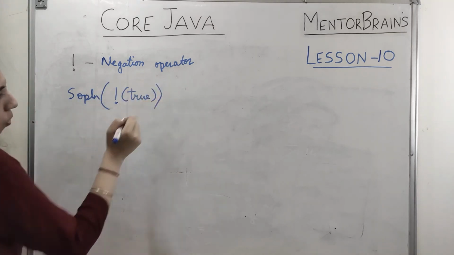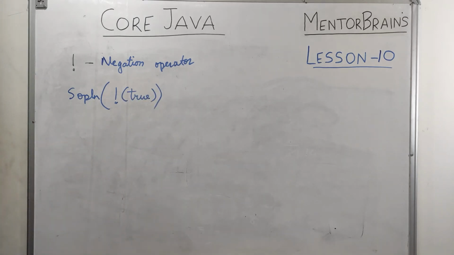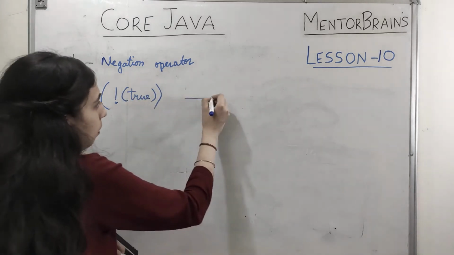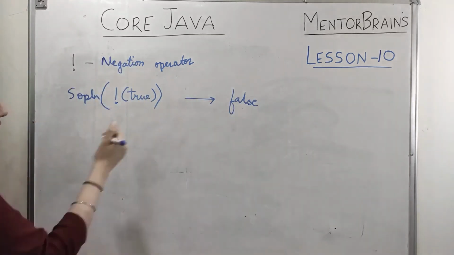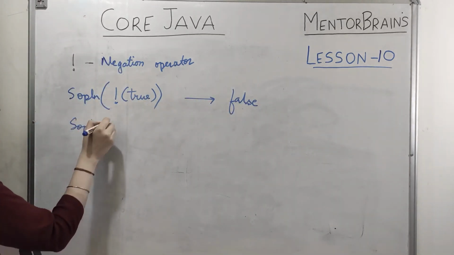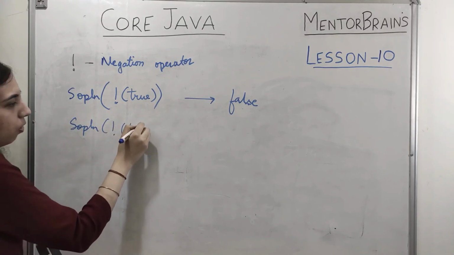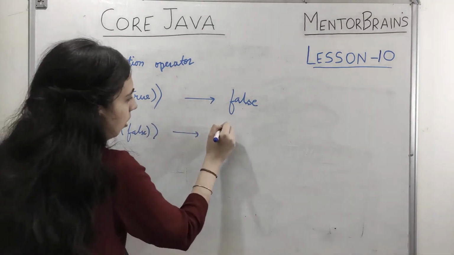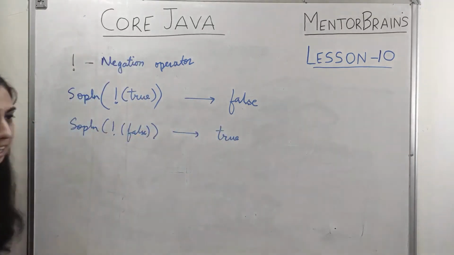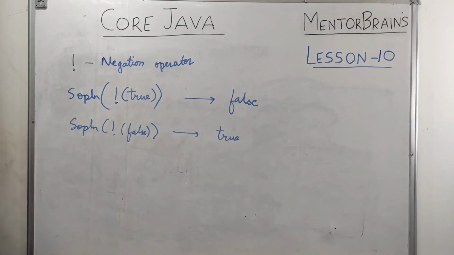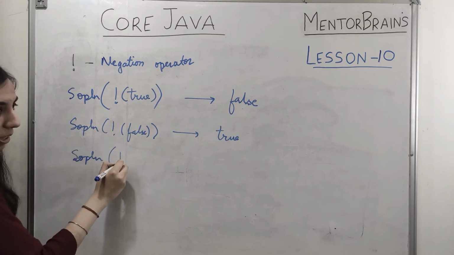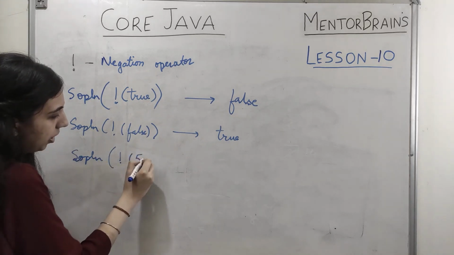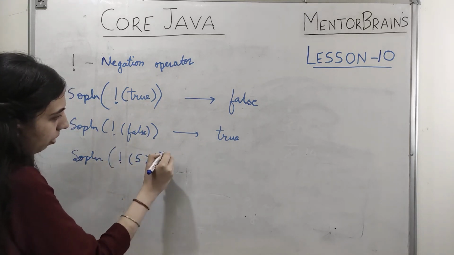True is the boolean value which I've already told you. So the output of that will be false, because the inverse of true is false. Similarly, SOPLN, if I write false over here, it will result as true. And one more example, if I write SOPLN negation operator and the condition 5 is greater than 4.